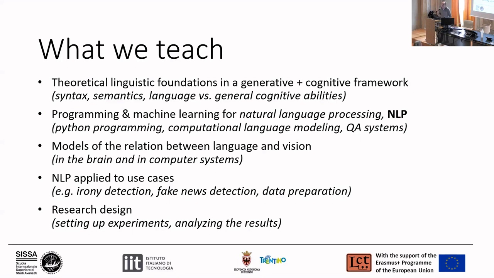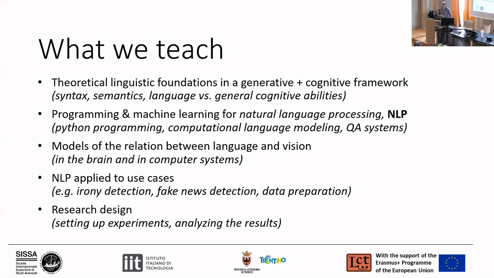And in general, doing what is called NLP, natural language processing, which these days is increasingly statistics based. Python programming, computational language modeling, question answering systems are all things that we teach.